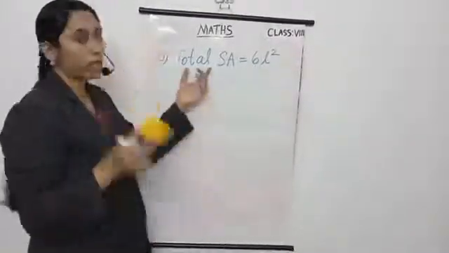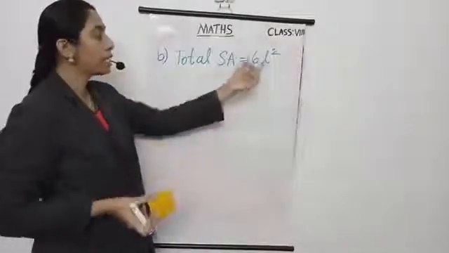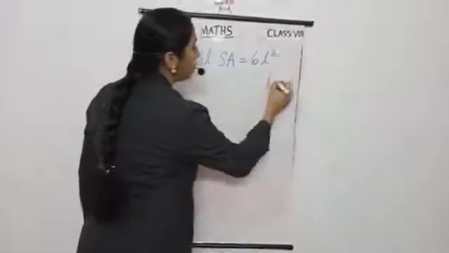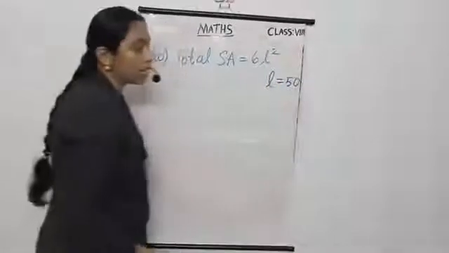Now the second figure, its shape is like a cube. What is the total surface area of this shape? 6L square, where L means the length of one side. Here it is given as 50, all sides are equal.